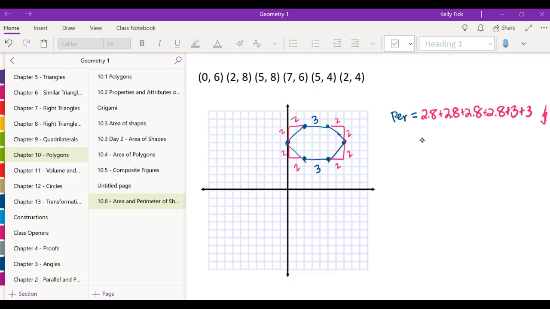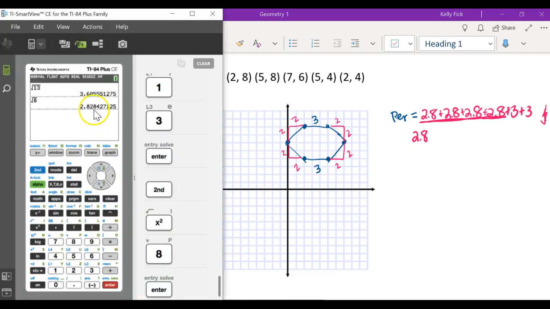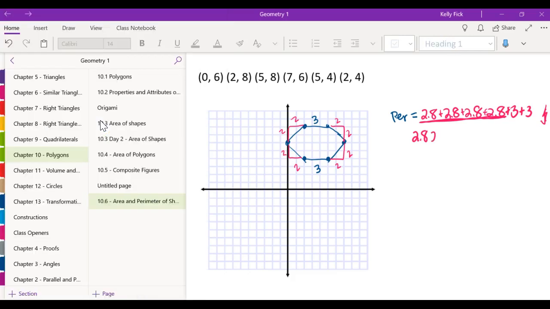And now that I think about this, even though our final answer has to be in tenths, we might want to round these out a little bit more, just to make sure we're close enough. So I'm going to use 2.828 for all 4 of these when I plug it in, just to make sure that we're as accurate as possible.